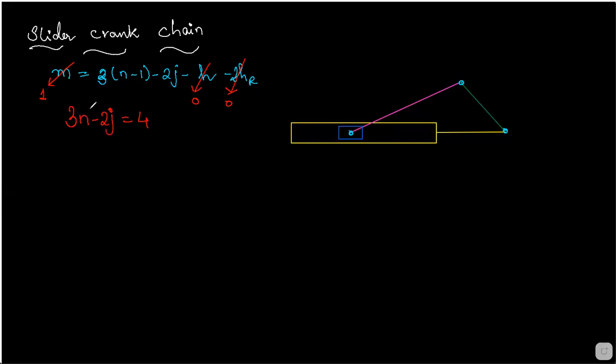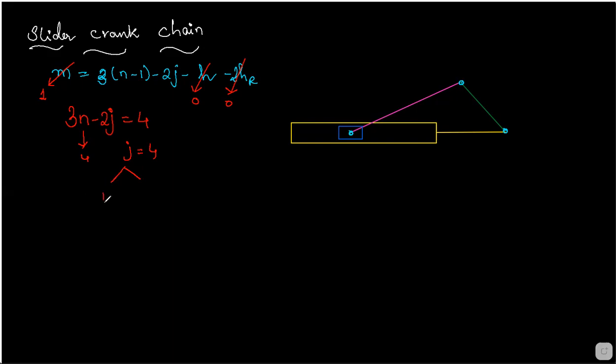So here, if the number of links equals 4, as in the 4-bar chain we have seen, then the number of joints automatically is going to be equal to 4. If you substitute, 4 threes are 12, then 12 minus 4 divided by 2, you are going to get j equal to 4. So j equal to 4 means j consists of lower pairs. In lower pairs you have two types.